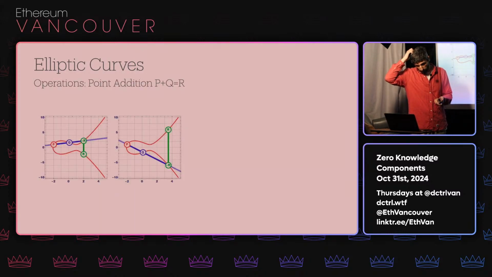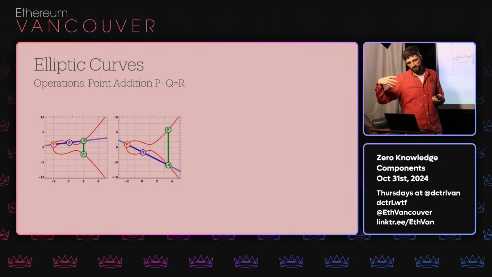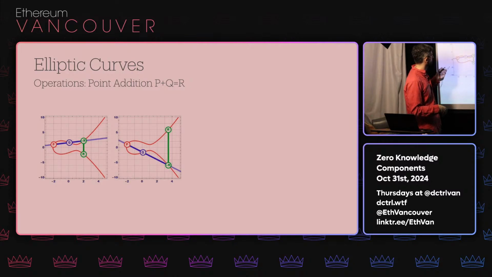As I said before, each math construction has a set of operations, and for us it's important to have addition and multiplication. So here we have an example of how point addition works on elliptic curves. It's not like we have it with numbers. In general, we have 2 points that we need to add. The visual representation is something like this.